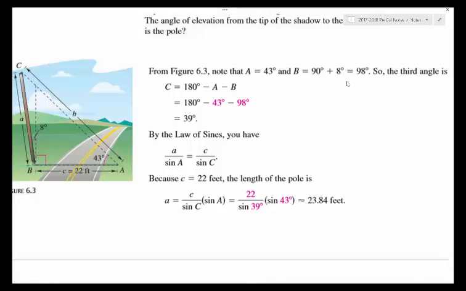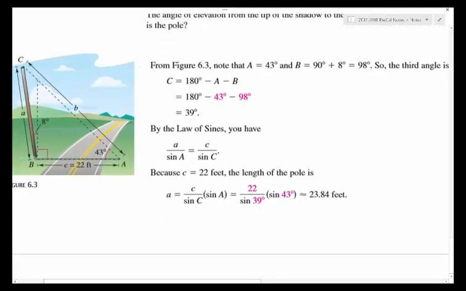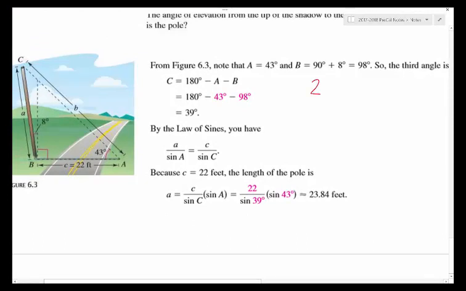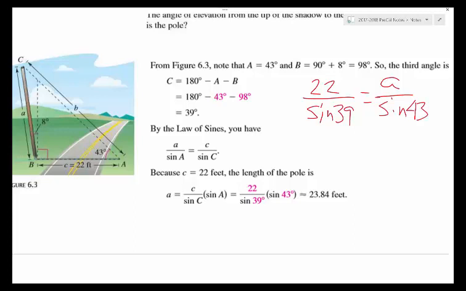So if I have 22 for c, and C is 39 degrees, so I say 22 over the sine of 39 equals little a over the sine of 43.